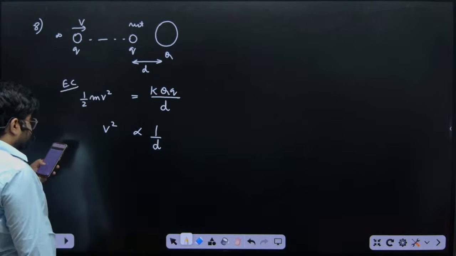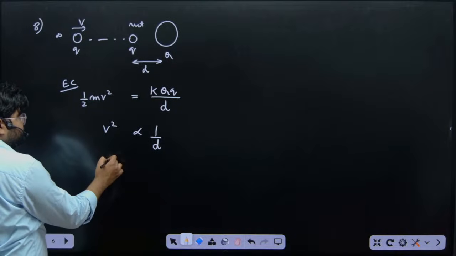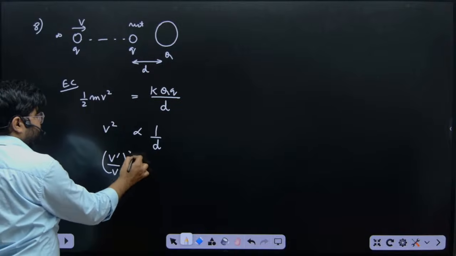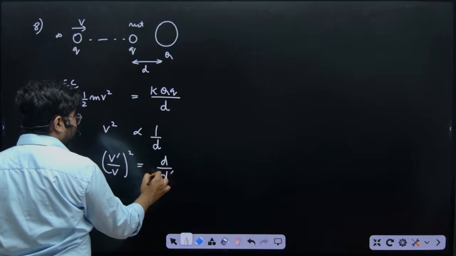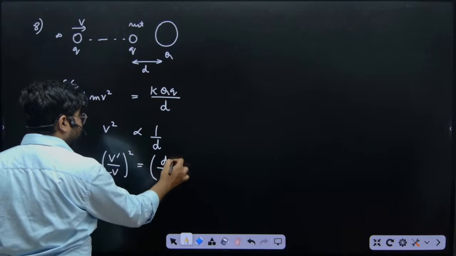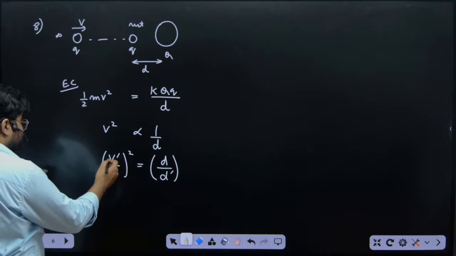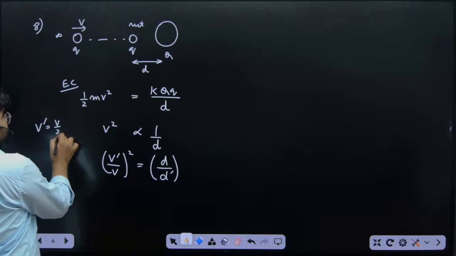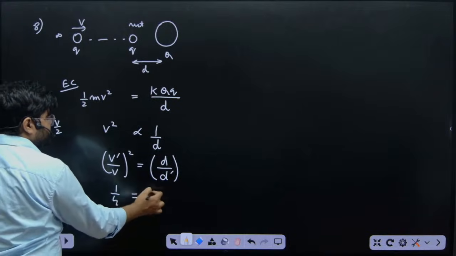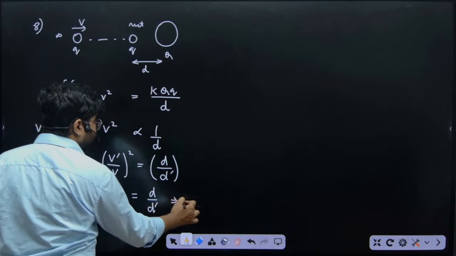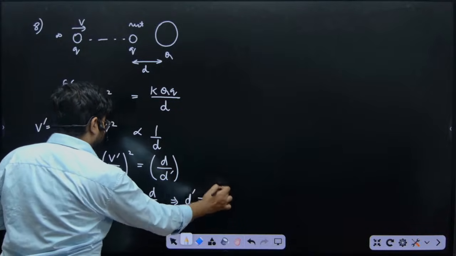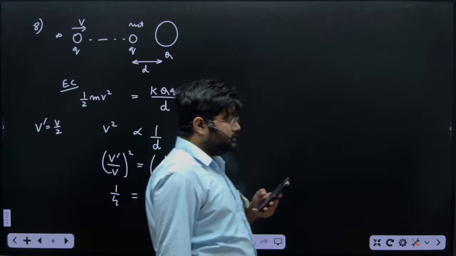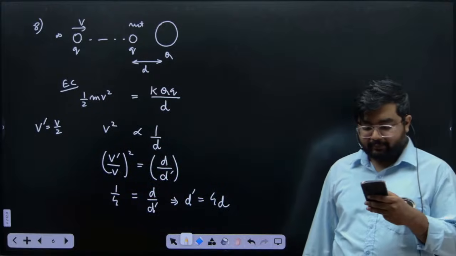Now when the velocity is half, the new distance of closest approach: (v'/v)^2 = d/d'. So this should be inversely related. Velocity is halved, so v' is v/2, so this is 1/4 = d/d'. So what is the new distance d'? I think the answer here is option D.